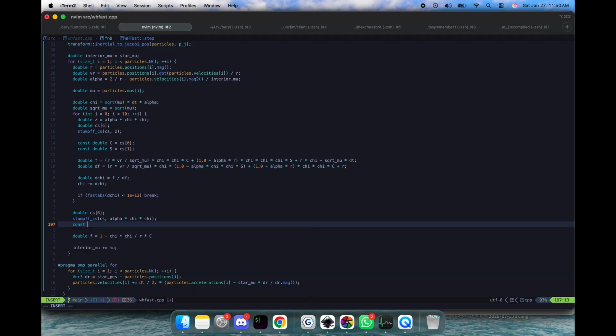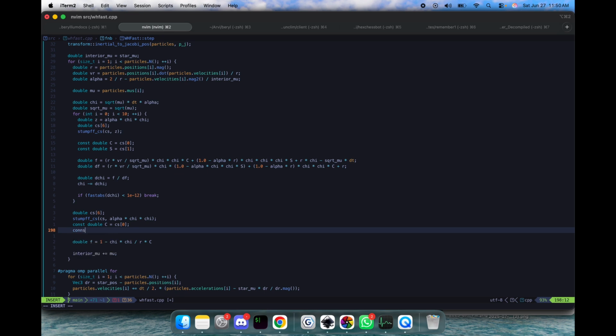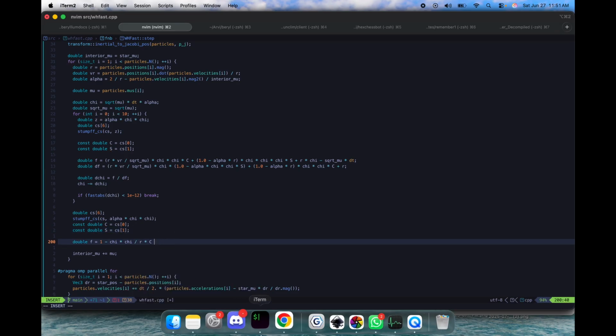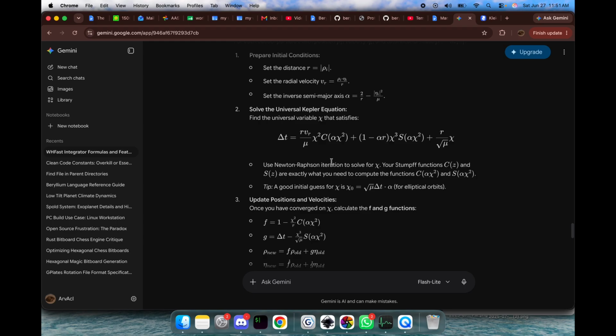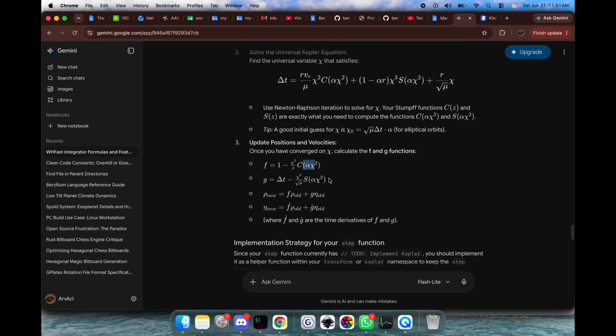If we do const double C equals CS index 0, const double S equals CS index 1, and chi divided by R times C. So now we have obtained C and S. This is great.